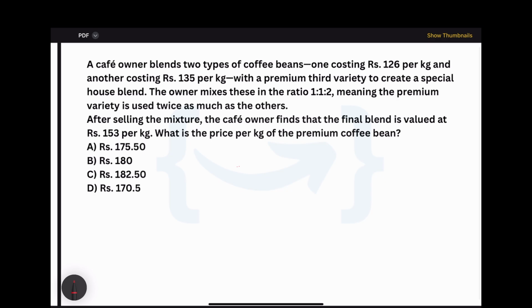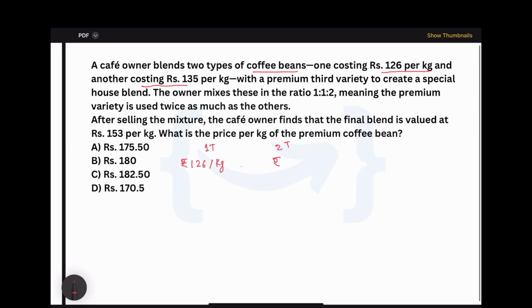A cafe owner blends two types of coffee beans. So I can say this is one type and this is the second type of coffee beans. One costing rupees 126 per kg, and another costing rupees 135 per kg.